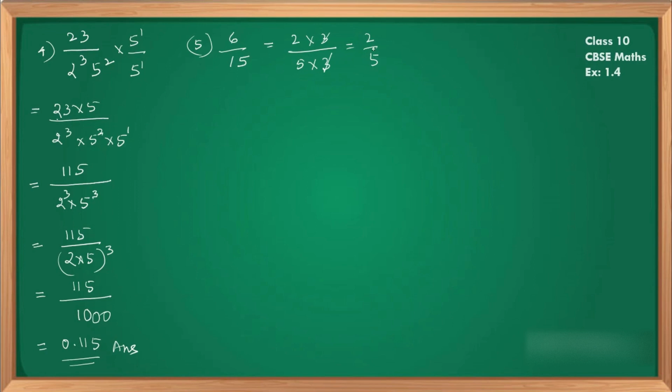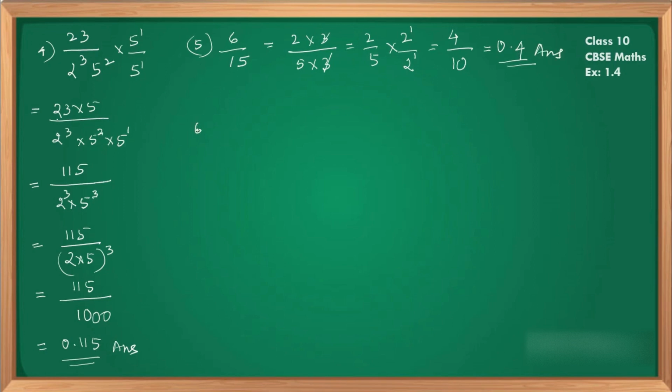The next step is to bring in 2 to the denominator with the power 1, because here we have 1 power for the 5. So you have to multiply 2 to the power 1 in the numerator as well as in the denominator. Then you get 2 into 2 is 4 and 5 into 2 is 10, that would be equal to 0.4. You have 1 0, therefore after one count you put the decimal, this becomes your answer.